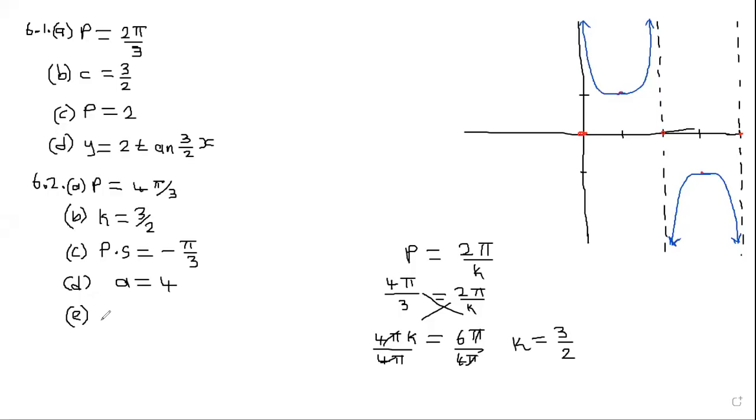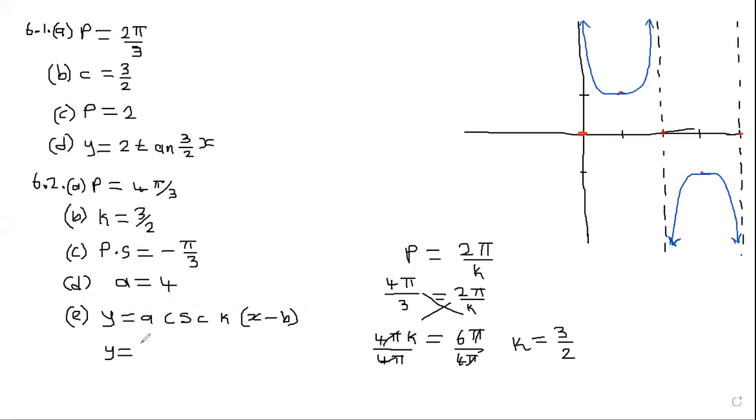The equation has been given to us as y is equal to a cosecant k into x minus b. Now let's write it.